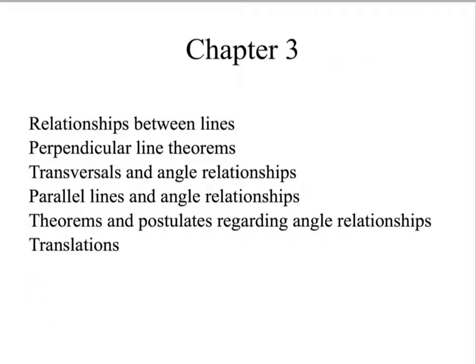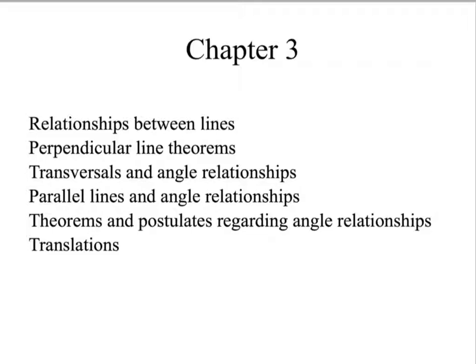Okay, so right now we are on chapter 3. Last review in this one. I know it's a little bit longer, but stick with me. So, relationships between lines. If you remember, this is the chapter where we started learning transversals and angle relationships. We started throwing in more theorems and converse of theorems.